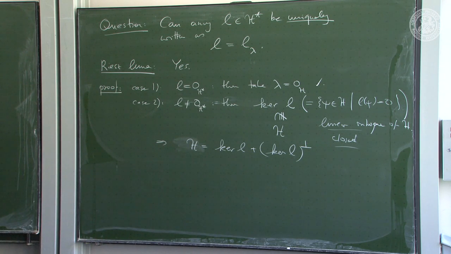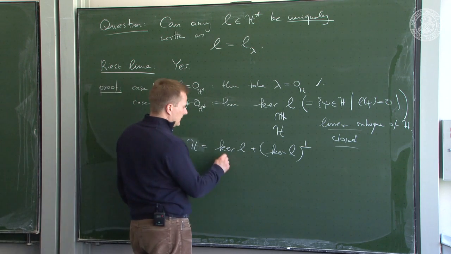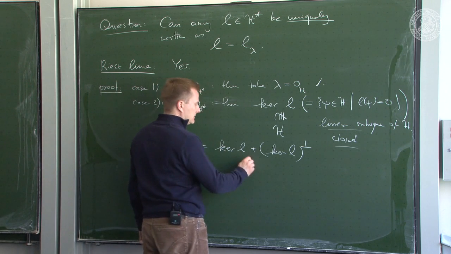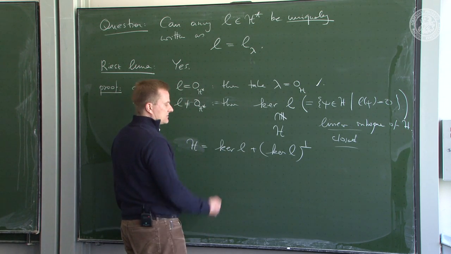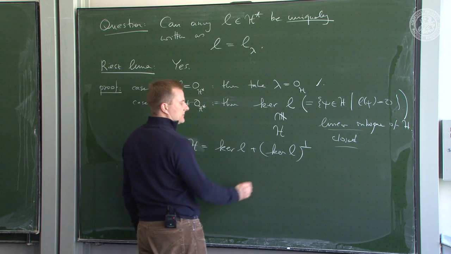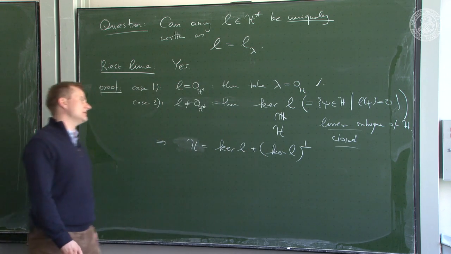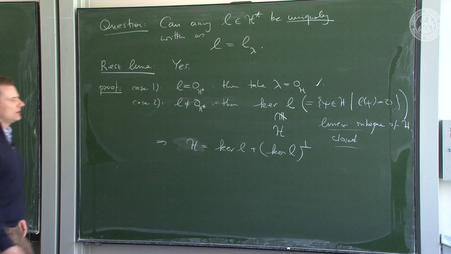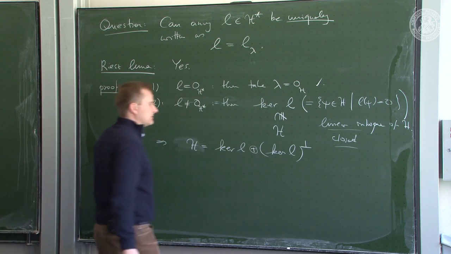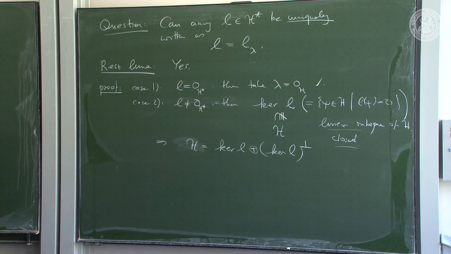Why? Well, that's the projection theorem we had earlier. This is a closed sub-vector space, so it's a sub-Hilbert space. These two together, that's the decomposition we had before, as the whole space, so one sometimes writes a direct sum here.